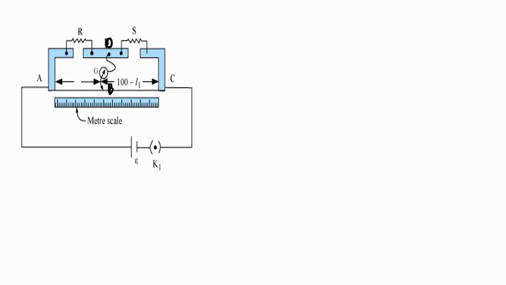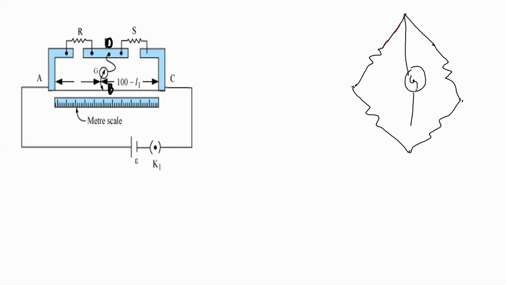Here, the same Wheatstone bridge has been made in the form of a meter bridge. You remember 4 arms were there having 4 resistors, and in the center it was a galvanometer.